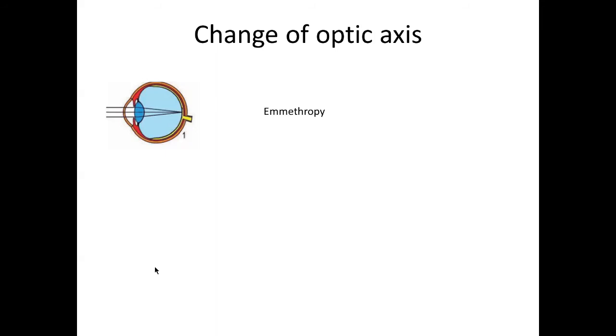So normal vision, emmetropy, the good vision. And such a man is called an emmetrop. A good-seeing man without any glasses is called an emmetrop.